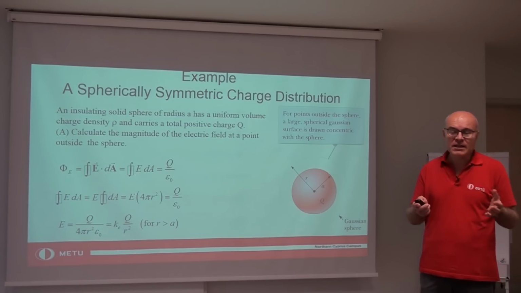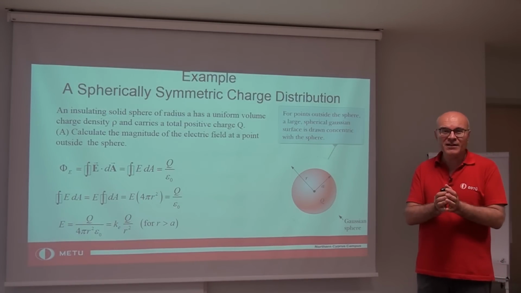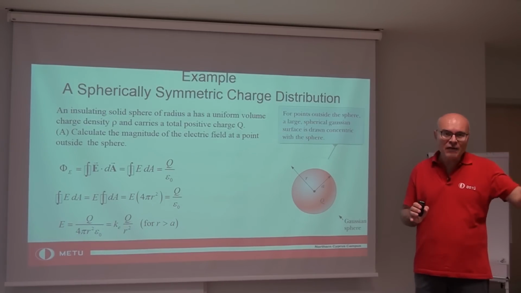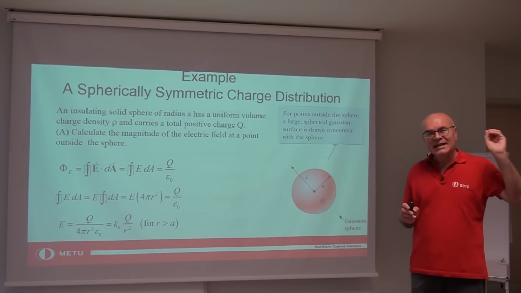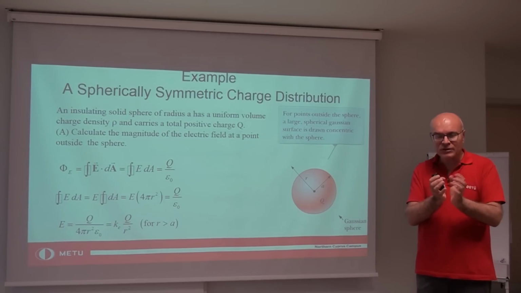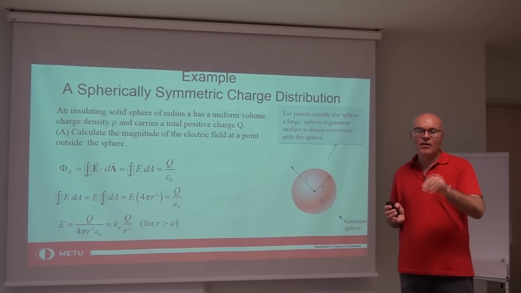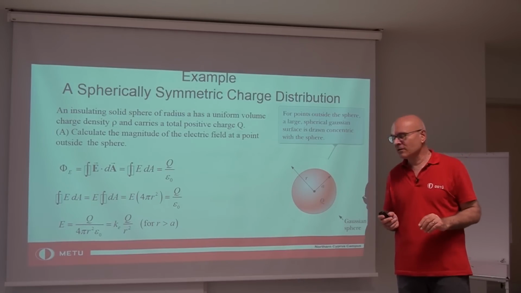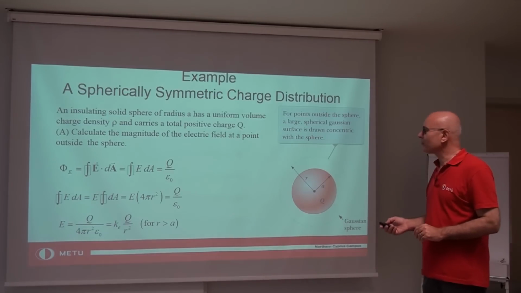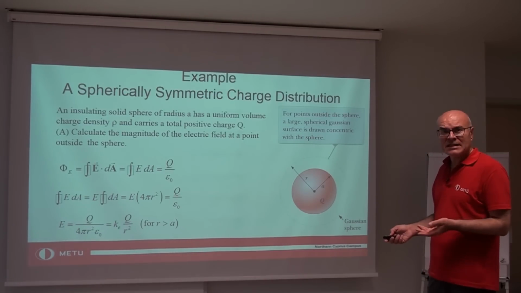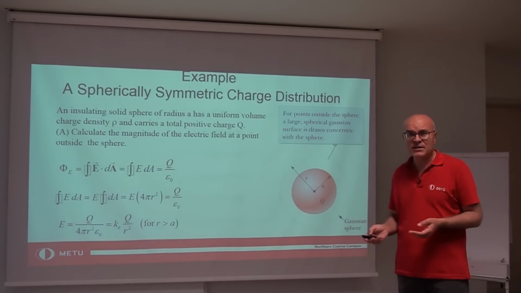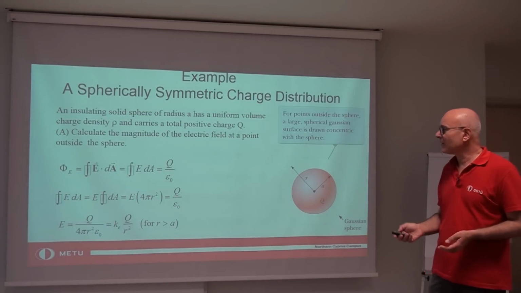The shell theorem usually states that for any spherically symmetrical charge distribution, regardless of any other consideration, the electric field outside that charge distribution is that of a point charge, whose magnitude is equal to the total charge of the distribution, centered at the center of that charge distribution. So this is our result. And as you can see, it's very easy. Once you make the correct choice of the Gaussian surface, life is very easy, and you don't do any integrals.